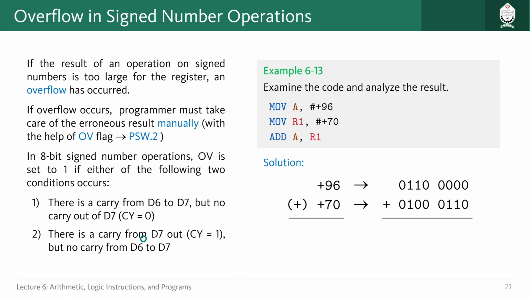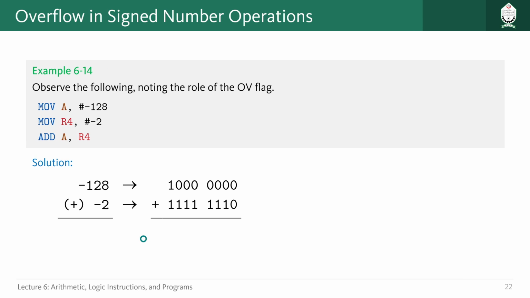So with the help of some examples, we will try to understand these conditions. Here in this particular example, again, we can represent signed numbers with this kind of notation. Now if you add these two values, the result should be minus 130, which is out of bound of our 8-bit registers, right? So the result should be incorrect, obviously.